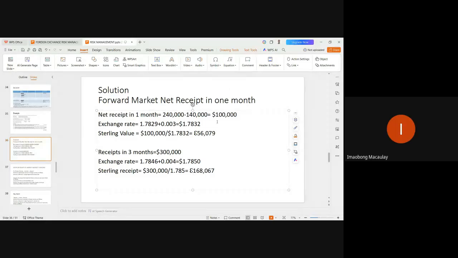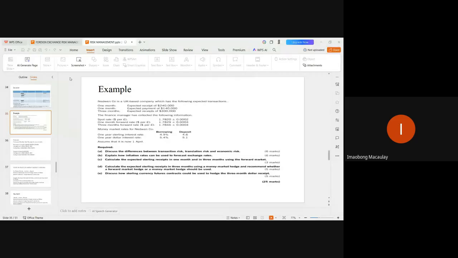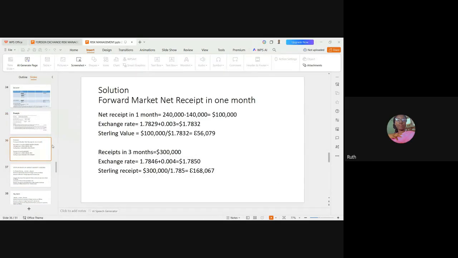Hello, Mr. Tope. Yes, ma'am. It seems the calculation for the exchange rate is not correct. 1.7846 plus 0.004 should give us 1.7886. Somebody should confirm, please. Which one?